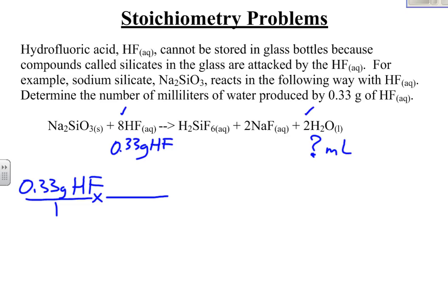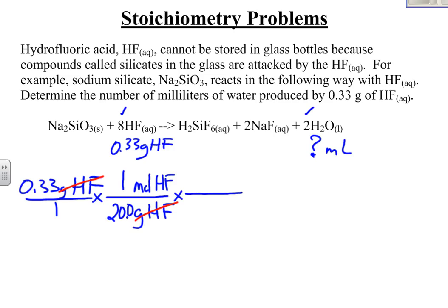In order to use those, we need to get to moles. So we're going to go from grams of hydrofluoric acid to moles of hydrofluoric acid. And if we look at the periodic table, we see that 1 mole of hydrofluoric acid is going to be 20.0 grams. So that gets us into moles of hydrofluoric acid.